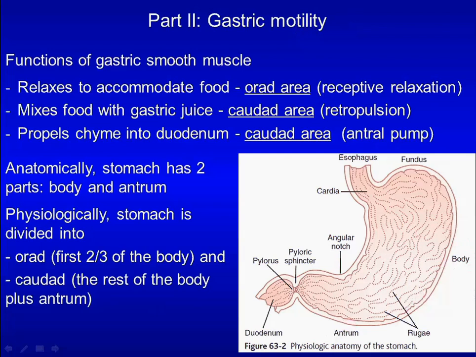Smooth muscle from orad area can relax to accommodate food. Smooth muscle from caudad area functions to mix food with gastric juice and propel food into duodenum. These two functions are also called reservoir and pump, respectively.